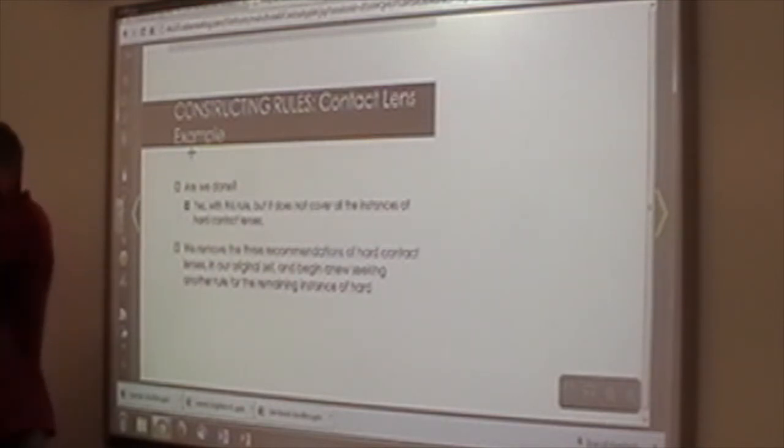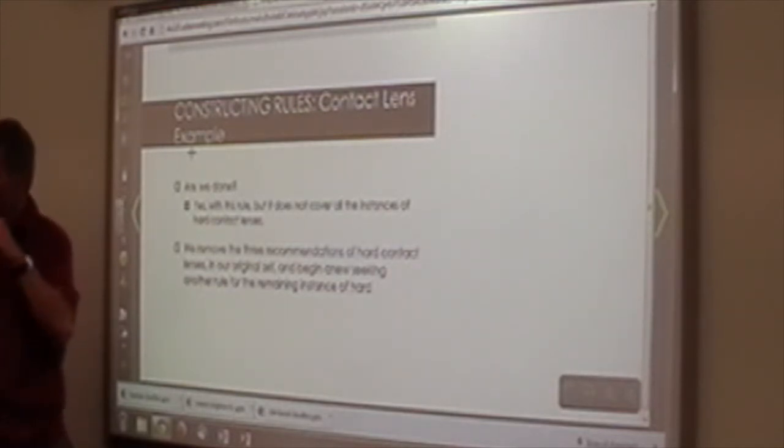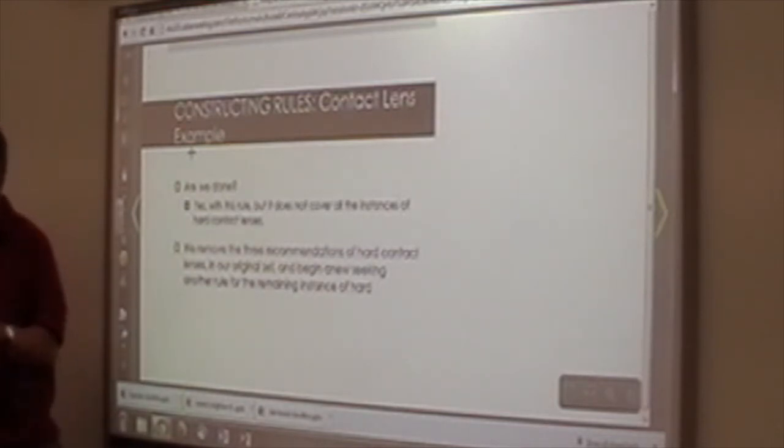So all the instances for hard lens recommendations that we've been able to obtain through our rule so far, we eliminate all of those before we begin a fresh approach. Does that make sense, Pablo? Because otherwise we'd be in an infinite loop, looking over the same data.